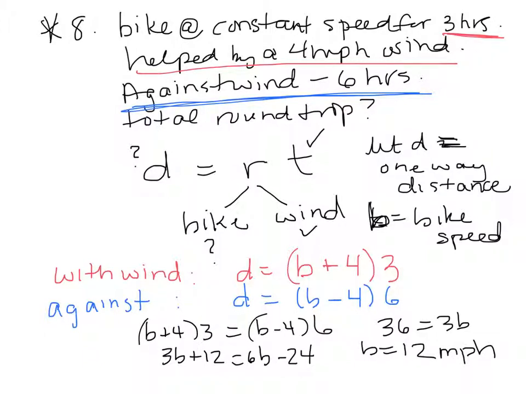But remember, the question is asking us for our total round trip distance. It's not asking us for the bike speed. But we can use the bike speed to find the distance by substituting bike speed in for b in one of our original equations. So let me get a clean page here.